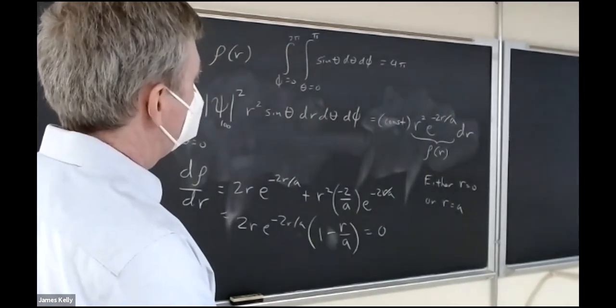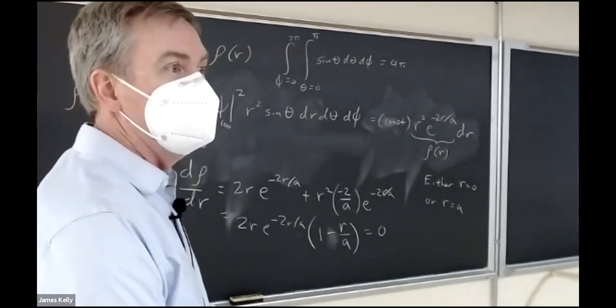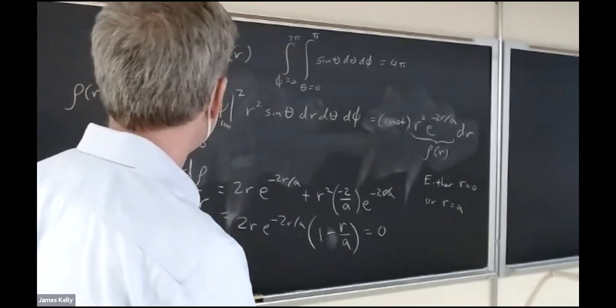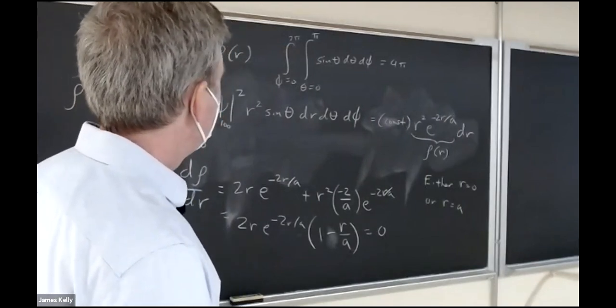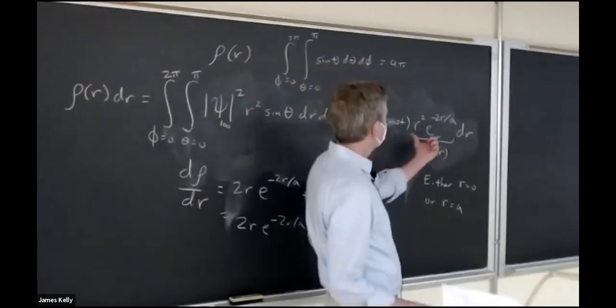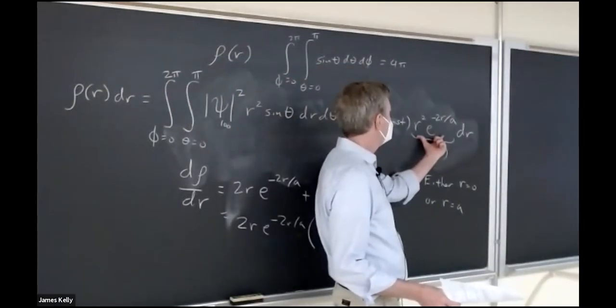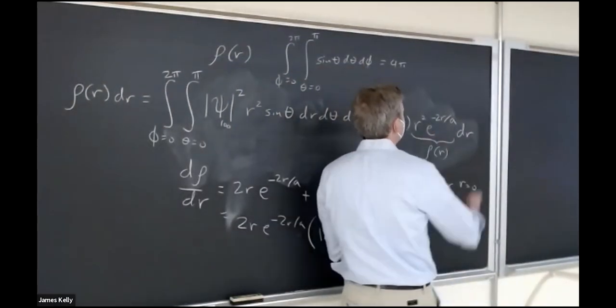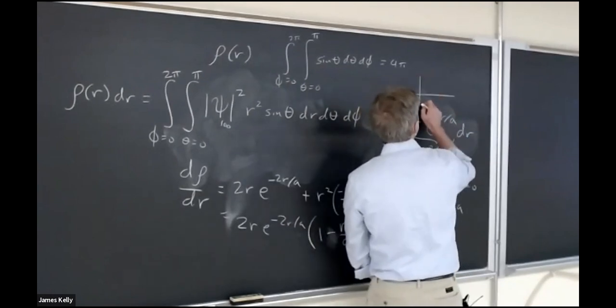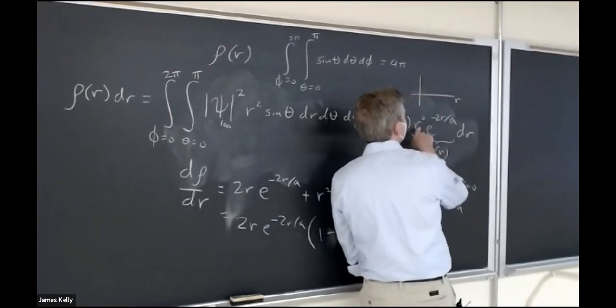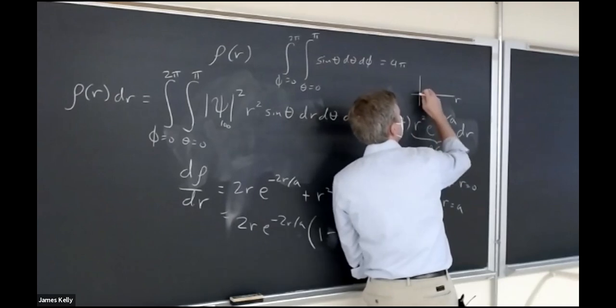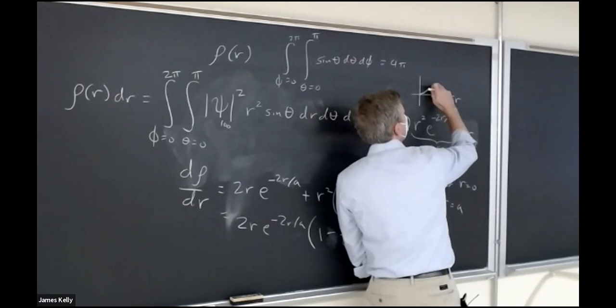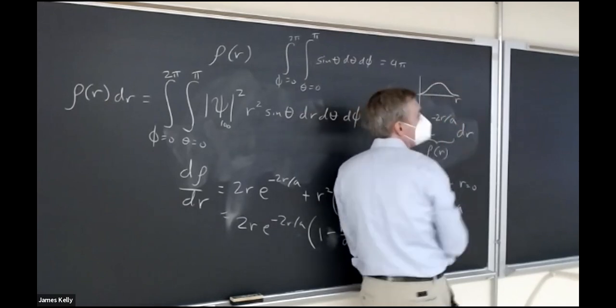And then the only question is, okay, which of these are maxima and which are minima? So I can look at my original function right here, which is giving me rho of r, and ask what the basic shape of that function is. Here's r equals 0, as a function of r. This is forcing it to be 0 and start going up like this until this function then forces it back down again.